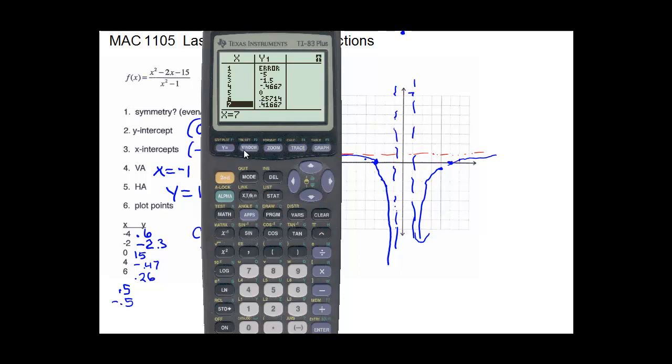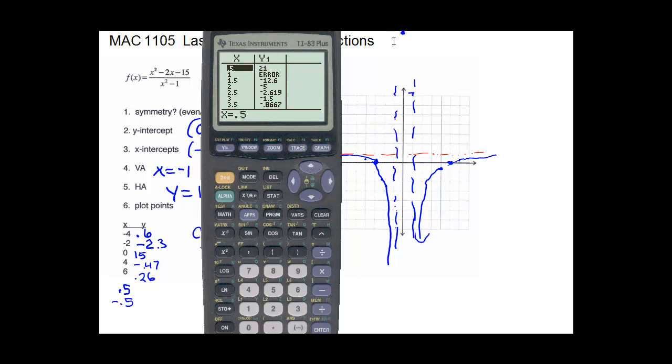So if I do second and this one, table set, all right, so I'll enter, and this is my increments. I'm going to change that to 0.5 so I can get these values in between. Right, and now I'll do second table. And now I can get those 0.5s, and the one I wanted to look at is just 0.5.